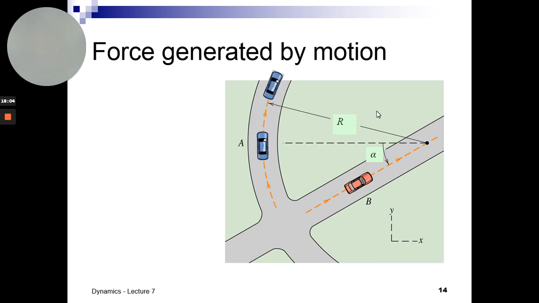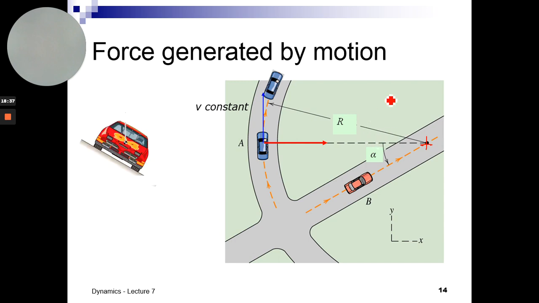Force generated by motion is actually the forces yang disebabkan oleh sesuatu pergerakan. In these cases, force yang terhasil akibat pergerakan in a curvilinear motion. Okay. In this case, kita akan ada satu force acting towards the center of curvature line.